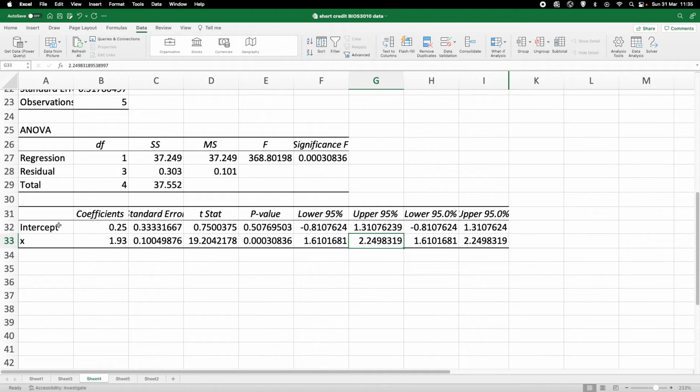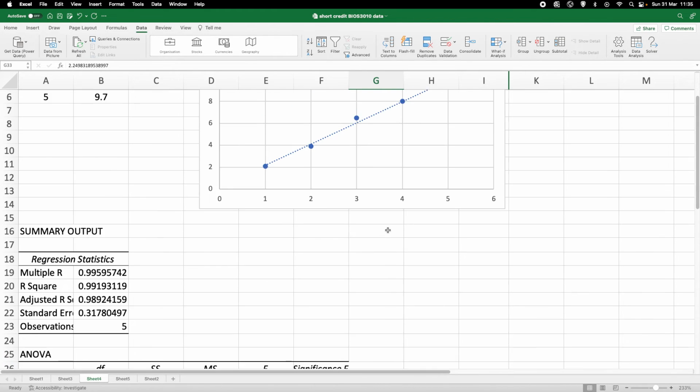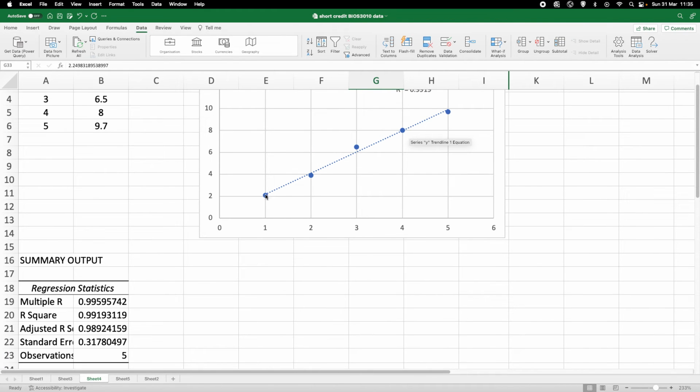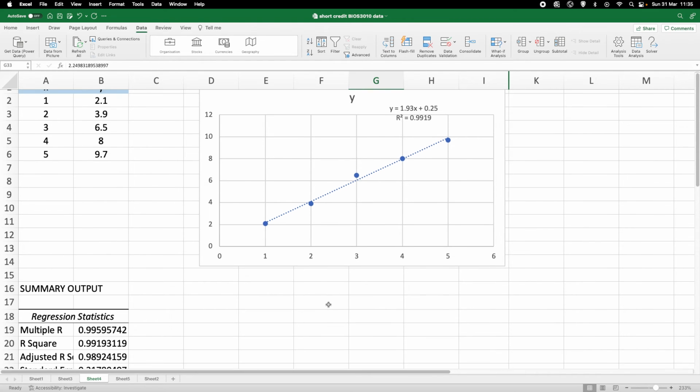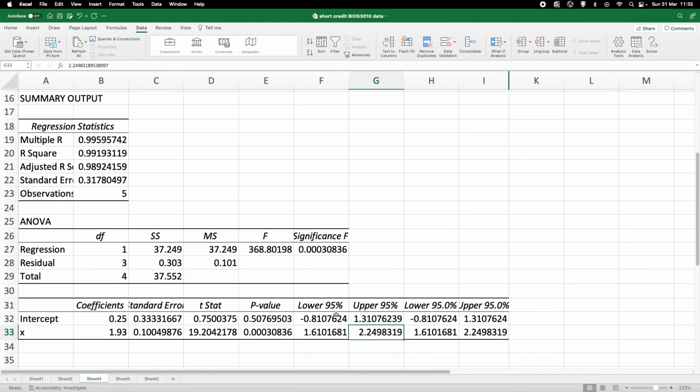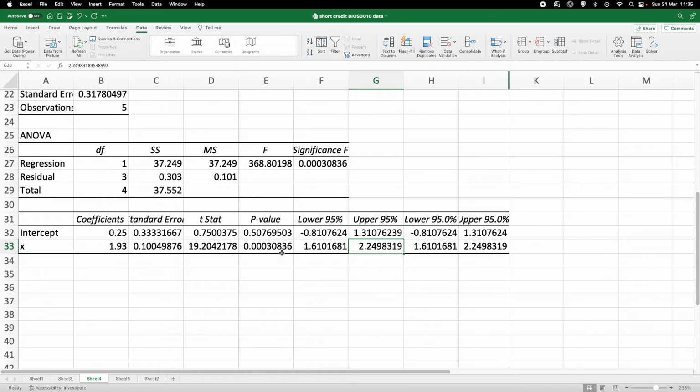It looks different for the intercept, and we see that here in our graph. So if we go backwards, it is probably pretty close to 0. In fact, we know that the intercept is 0.25. And the question is, is that statistically significant? We get a p-value for the intercept of 0.5, and if we assume a significance level of 5%, this would not be significant.